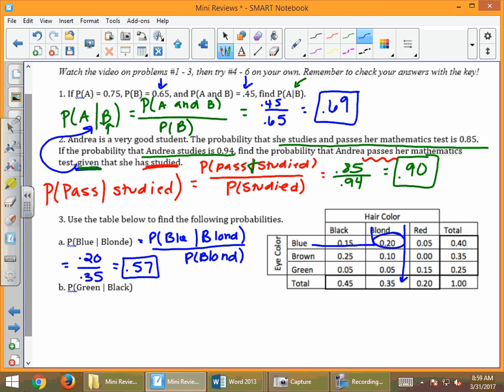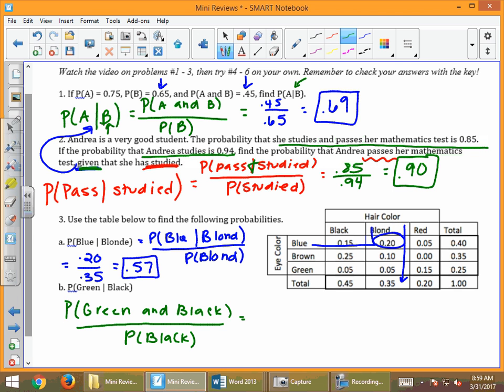And then the same kind of concept for B. We have that straight up and down line, so we just follow that formula. Probability of both divided by probability of the second. Go to your table. Here's green.